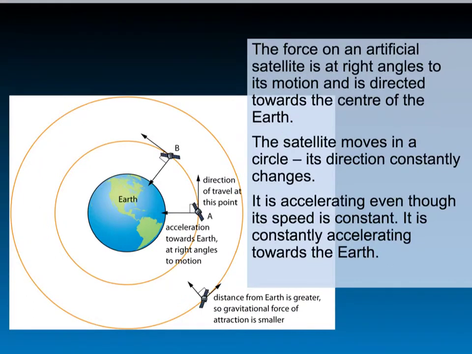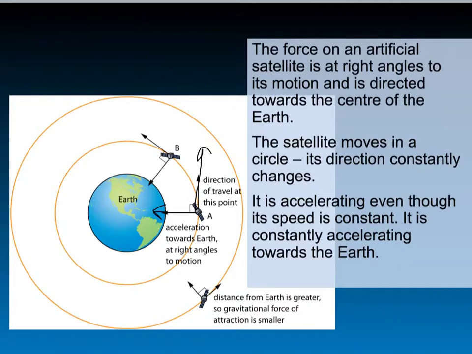Okay, so this is the hard part. More on satellite orbits. The centripetal force acting on an artificial satellite is always at right angles to its motion. So if its motion is this way, the gravitational force, the centripetal force, is that way. So it's always directed towards the centre of the Earth.